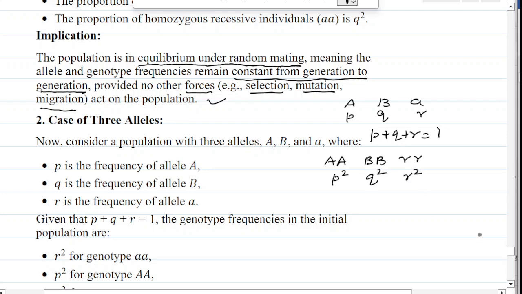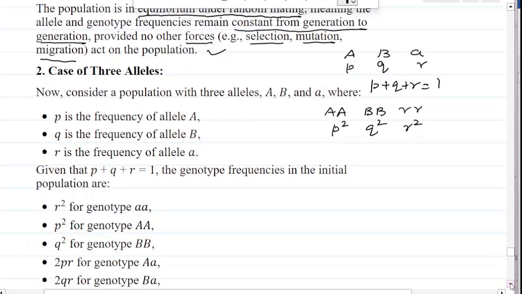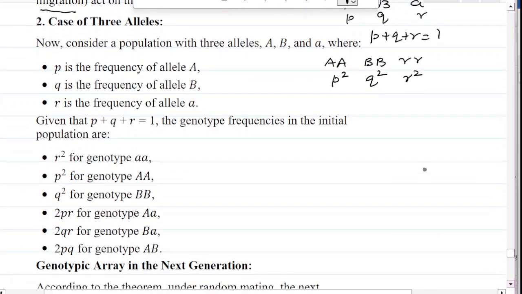Of course, when the individuals are mated with each other, we have various types of individuals, you can say six types of individuals are produced. Means capital A, capital B, small a, and then the combinations like A and B. So six types of individuals are produced.